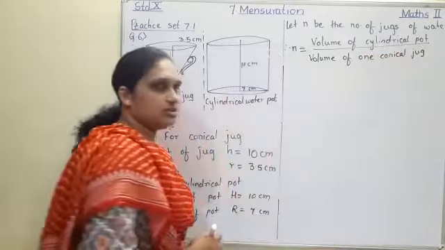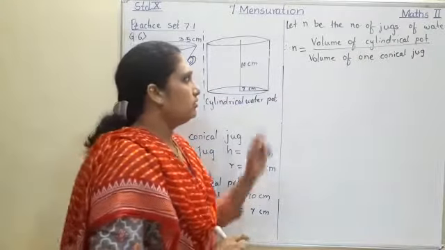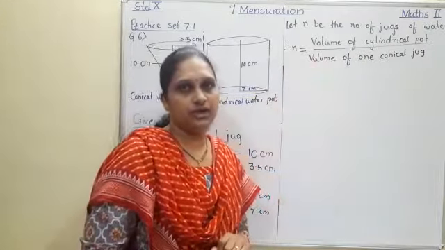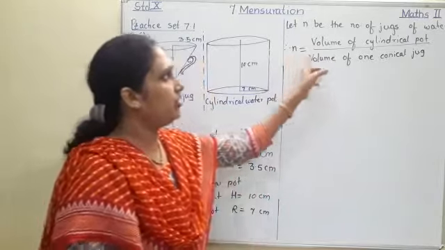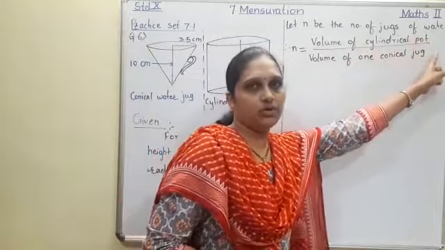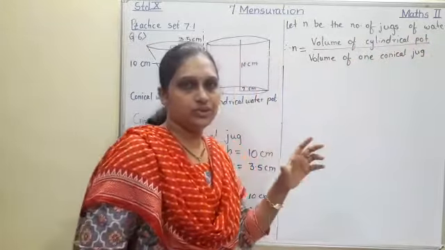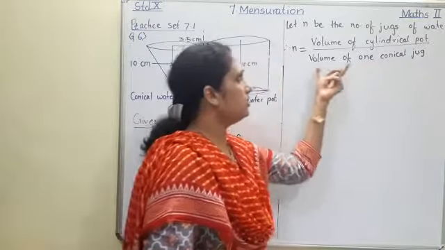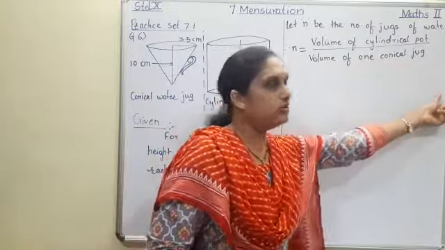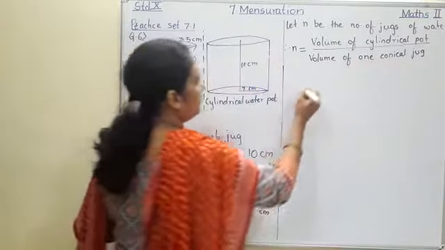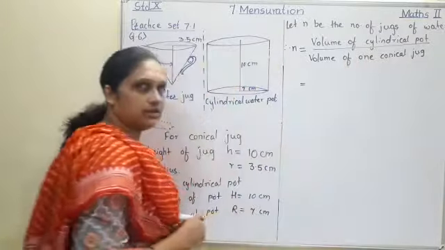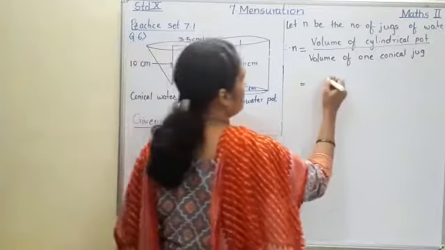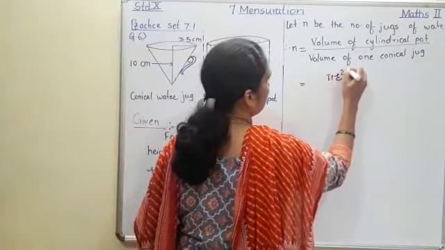See students, when we have to find the number of something, at that time we use the formula: volume of the cylindrical pot, that is the big object, upon the volume of one small object. Here the small object is a conical jug. Now we'll use the formula for the volume of a cylinder. We know that the formula is pi r square h.